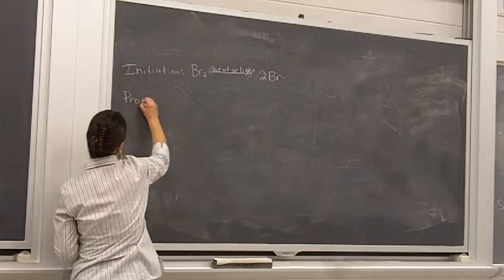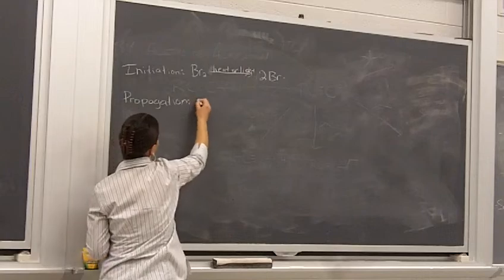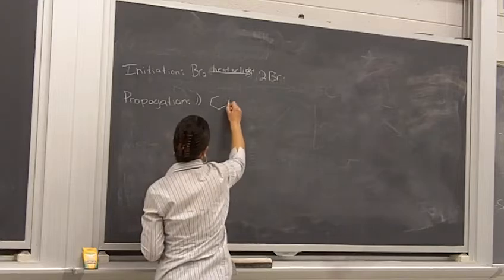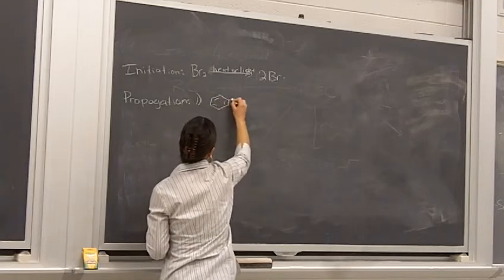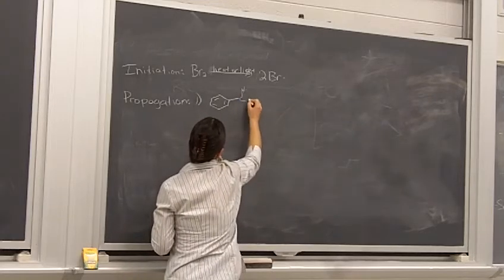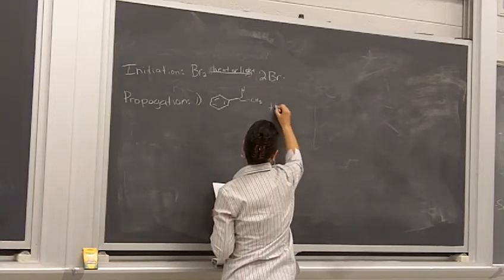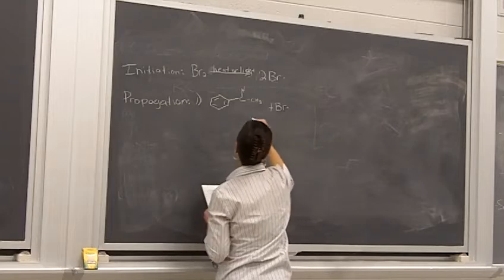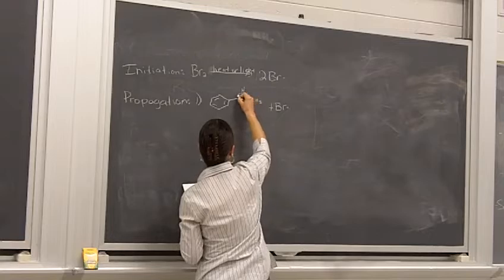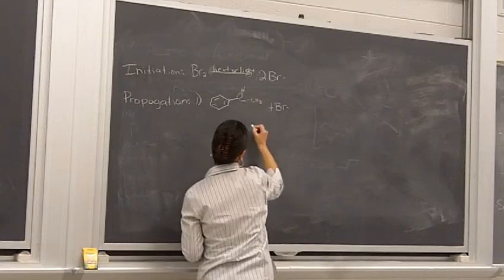Then our propagation steps, we've got two of them, okay? Our first one, we're going to take our ethylbenzene, and we're going to react it with one of those bromine radicals. Okay? And so remember, when you're showing the radicals, they're just single sided, it's not the double arrowhead, it's just one side of the arrow here.